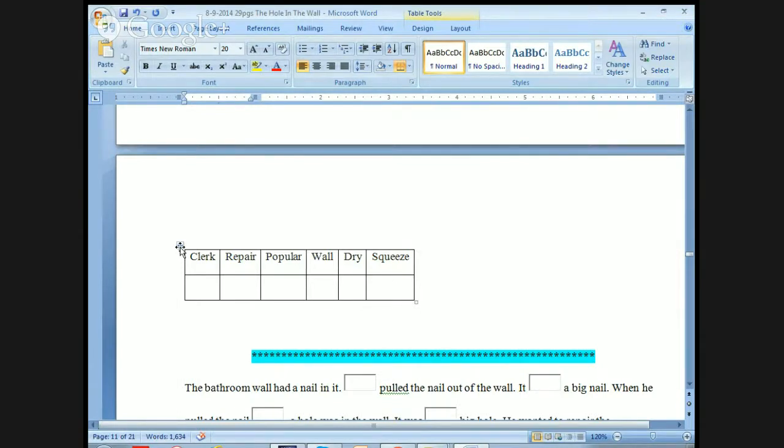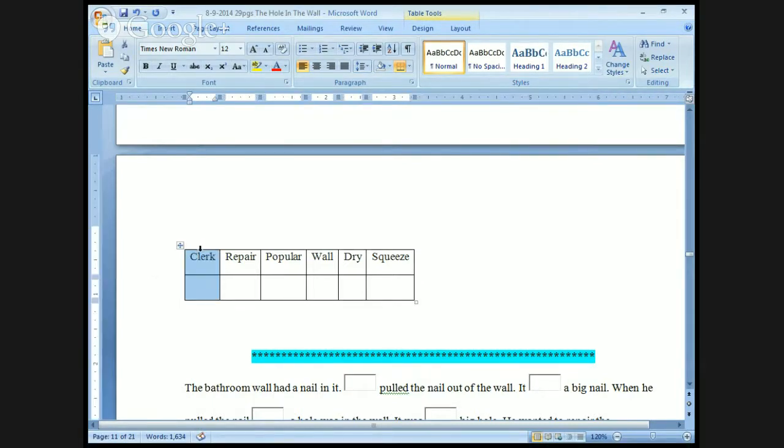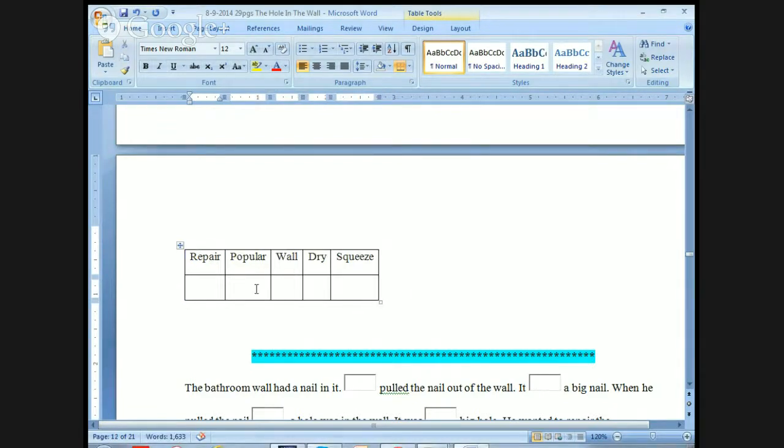1, 2, 3. Okay. In a small store in a small town, there was a clerk who met a customer who wanted to repair a wall.